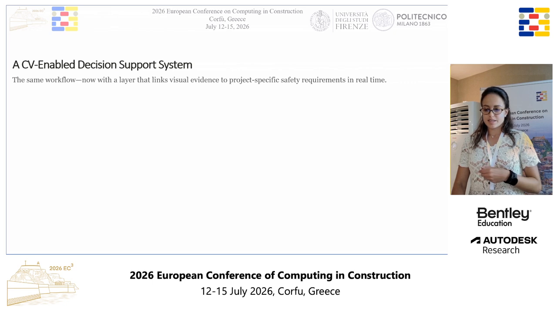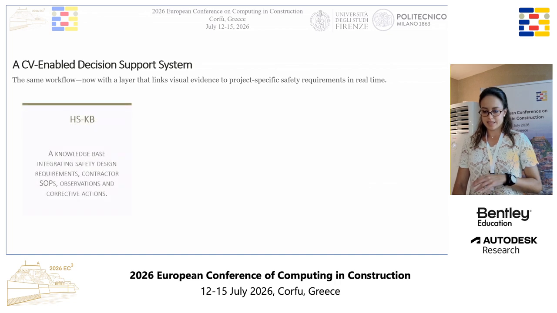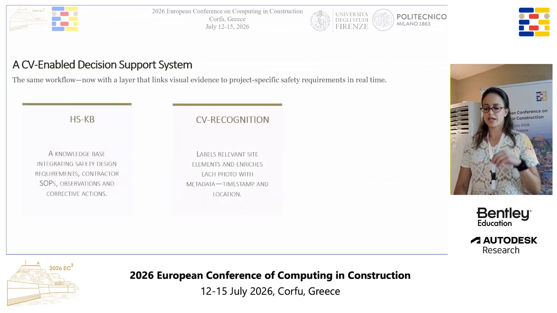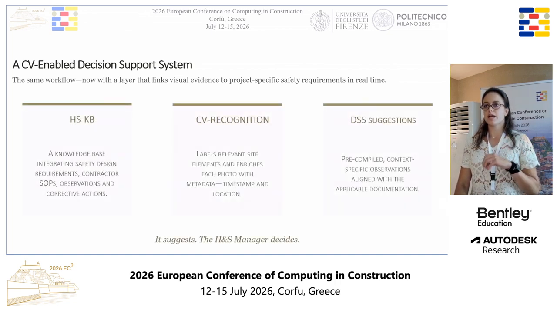To address these limitations, we propose a computer vision decision support, and the inspection workflow remains exactly the same. The difference is that the manager can now capture a photograph using a general mobile device. Computer vision recognizes the relevant elements in the image and generates structured metadata. These data are connected to a health and safety knowledge base containing project safety requirements, contractor documentation, previous observations, and corrective actions.